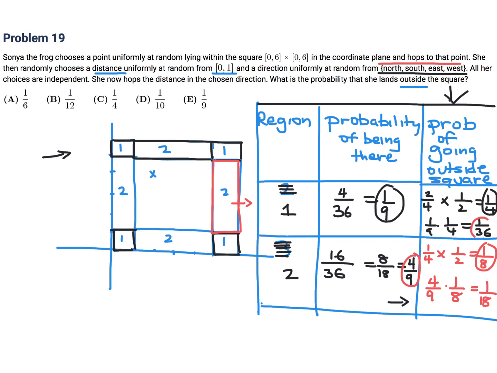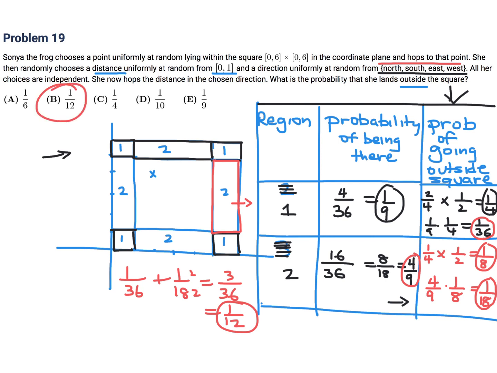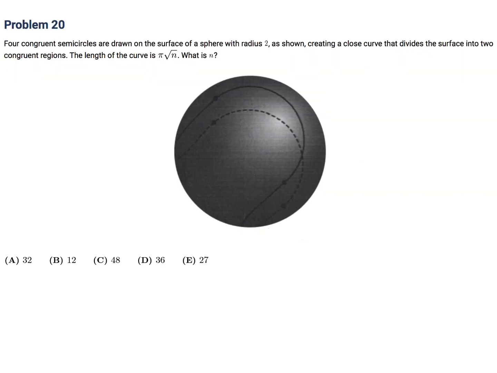So you add these two to get the both regions. So it'll be 1 over 36 plus 1 over 18, and that is going to be 3 over 36, which is 1 over 12. And 1 over 12 is answer choice B.